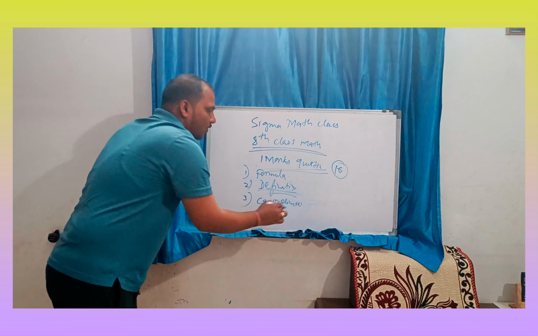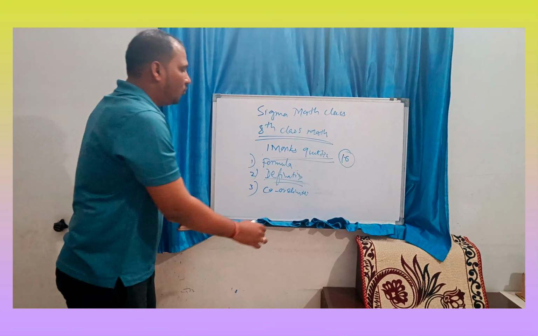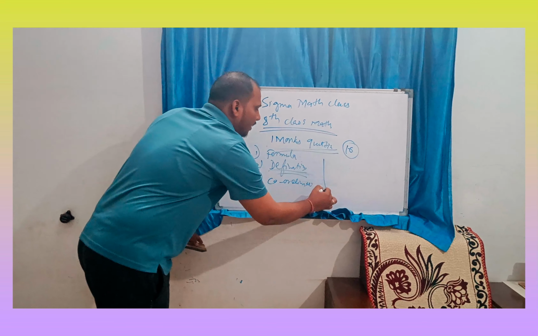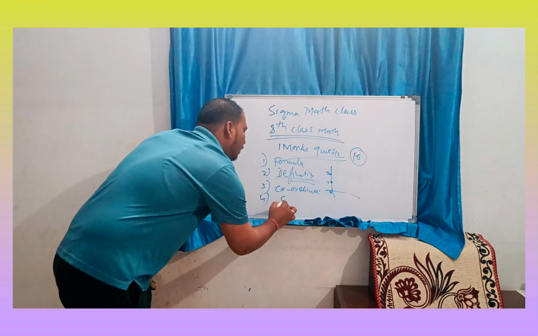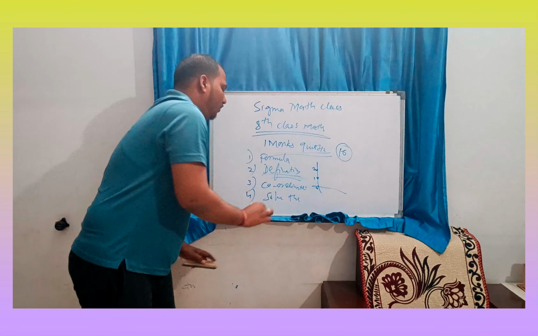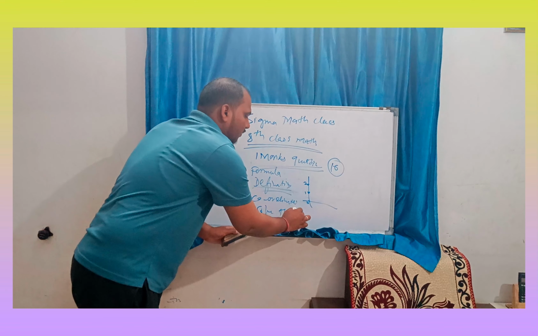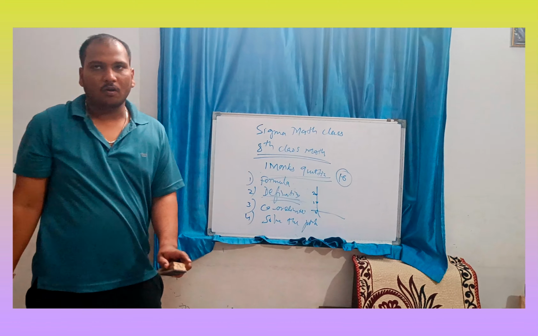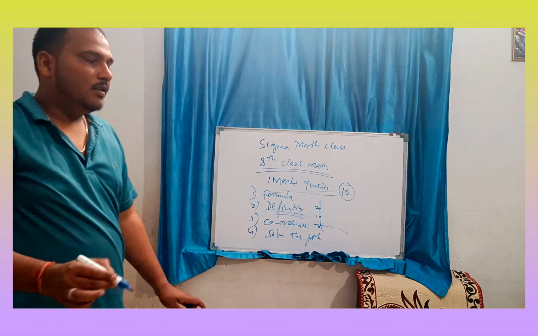Coordinates come from the graph chapter. One question is asked like this: plot the coordinates, such as 0, 1, 2, 0 to 1, in the graph. Then one question to solve the problem, a simple equation with one variable.